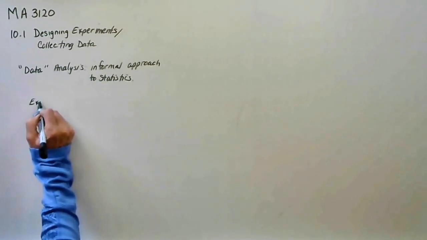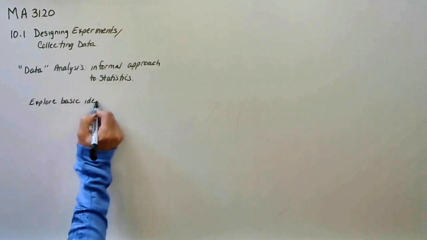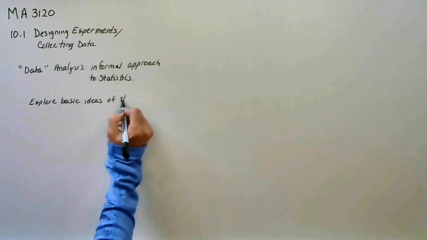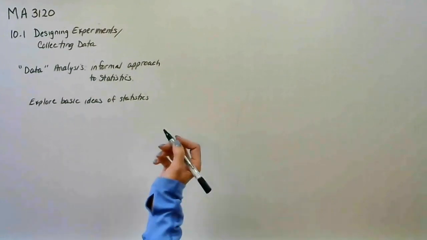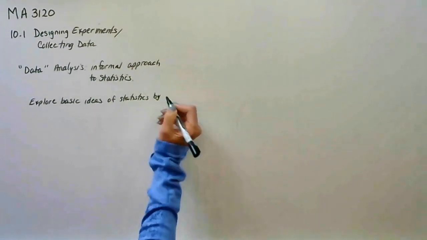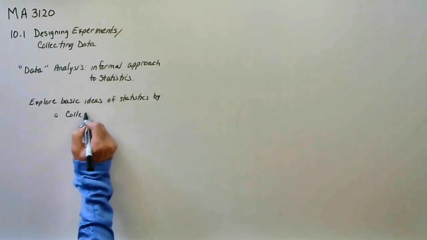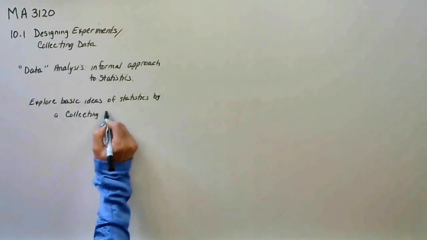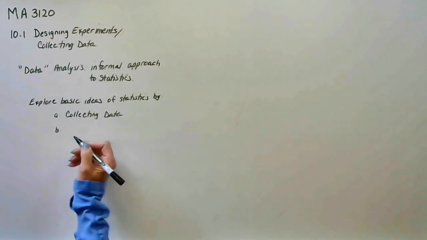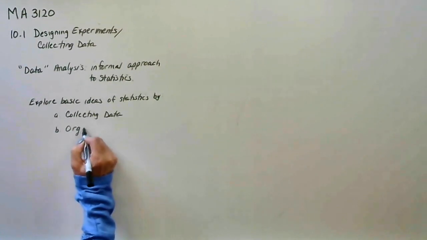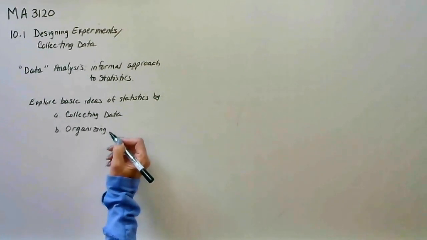So we're going to explore basic ideas of statistics, and the first one we really want to work on is collecting data. Then we're going to talk later in this chapter about organizing data, and I'll refer to it today, but we'll get more specific practice starting next section.